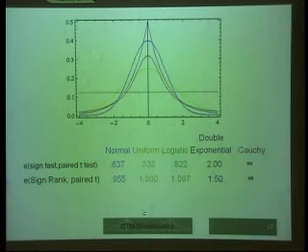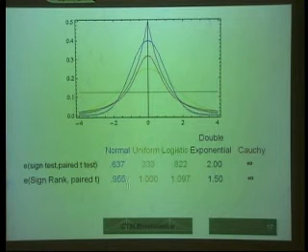So if we just look at the uniform distribution, which is this flat curve, you can see that for the sign test, the asymptotic relative efficiency is a third. So if you needed 100 observations with the t-test to get a particular power, you would need 300 observations if you're going to use the sign test to have the same power.